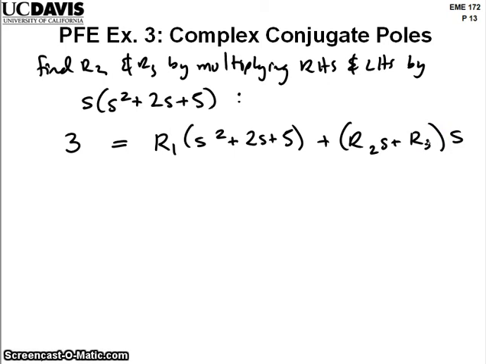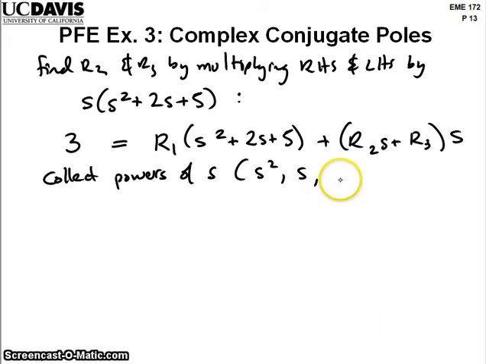And now what I'm going to do is collect powers of s. In other words, the s squared terms, the s terms, s to the 1st and s to the 0th terms. Okay, so I have an R1 times s squared, and I have an R2 s squared.